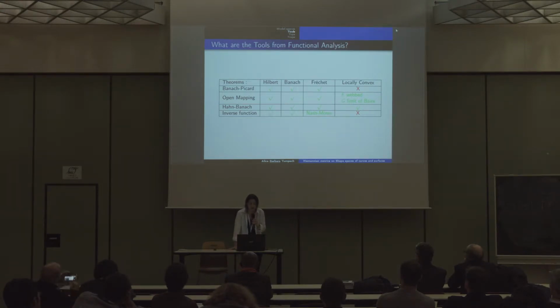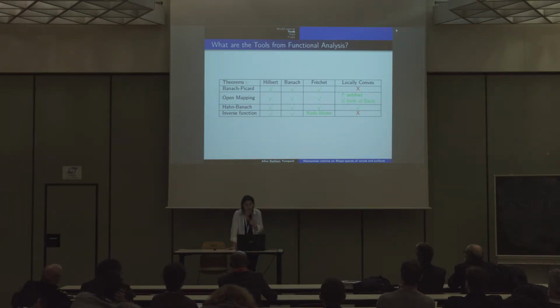So let me just recall what we have seen. The fixed point theorem is valid in the Hilbert setting, Banach setting, Fréchet setting, not in the locally convex setting because it's not a metric space in general. The open mapping theorem is valid everywhere if you have the right condition.